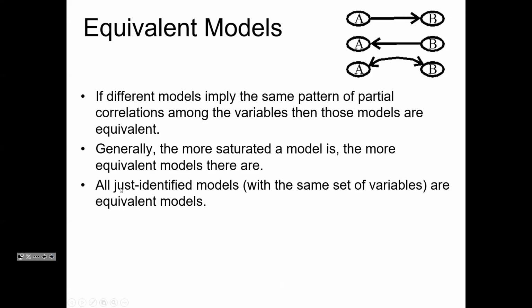So it turns out the more parameterized the model is, the more equivalent models there are. That's another thing in favor of parsimony, right? And another reason that we might want to trim paths that are not statistically significant, because the fewer paths we have, the fewer equivalent models there are.